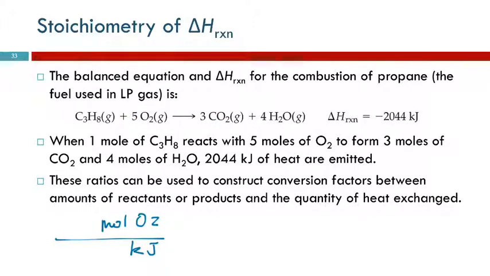I'm going to use this 5 as moles of oxygen, and I'm going to use whatever this number is as energy. Now, the negative sign there is less important, but in some ways more confusing here. Just remember that the sign is just telling us the direction.